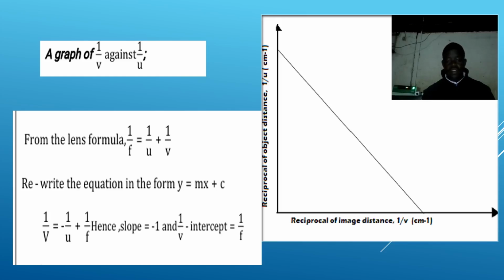Hence, the slope of this graph is negative 1, and 1 over f is the intercept.